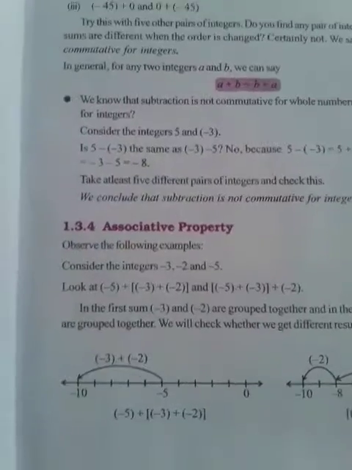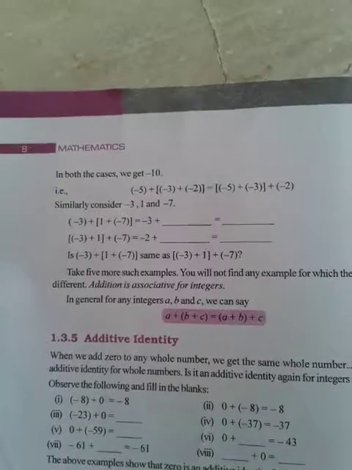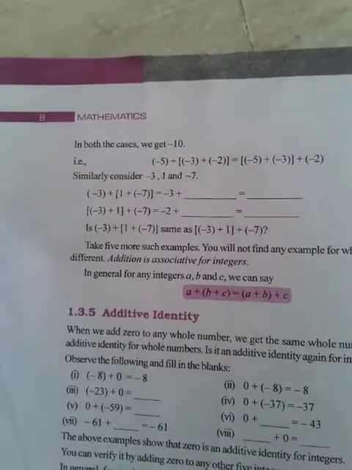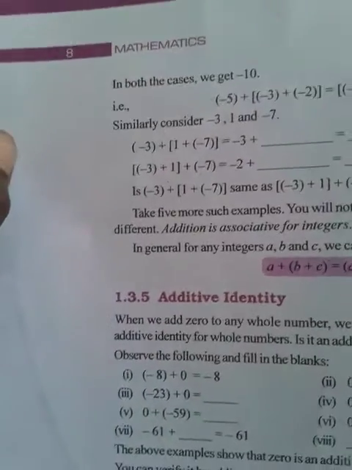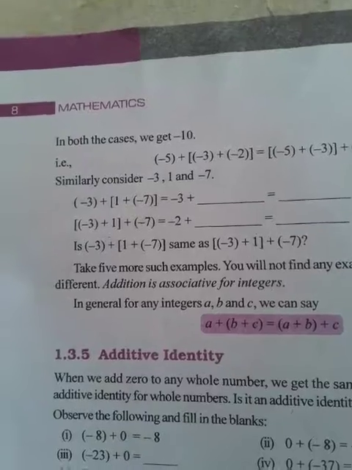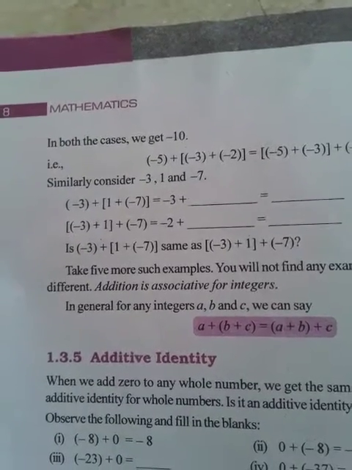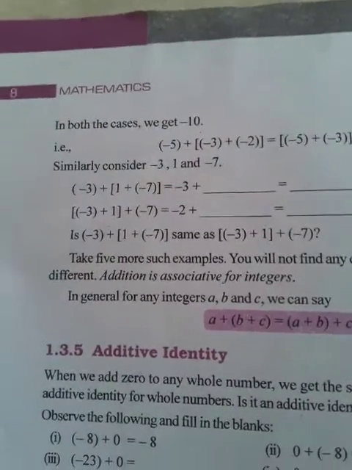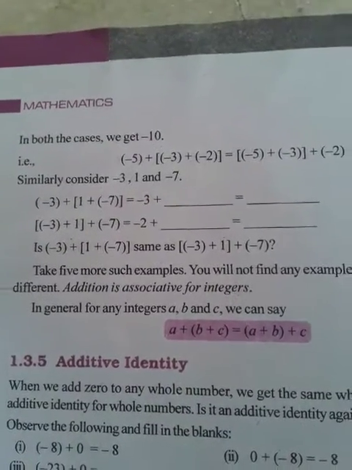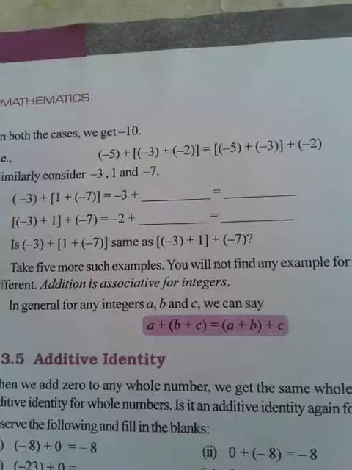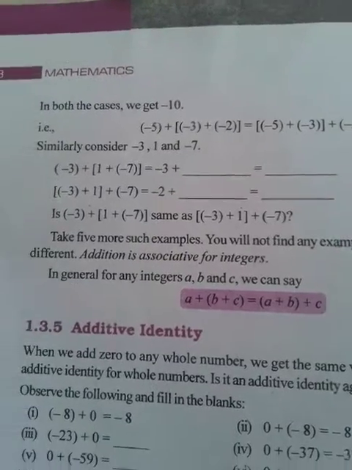Understood this associative property also? Now see here, in both cases we get minus 10. Minus 5 plus in bracket minus 3 plus minus 2 is equal to minus 5 bracket complete plus in bracket minus 3 bracket complete plus in bracket minus 2.